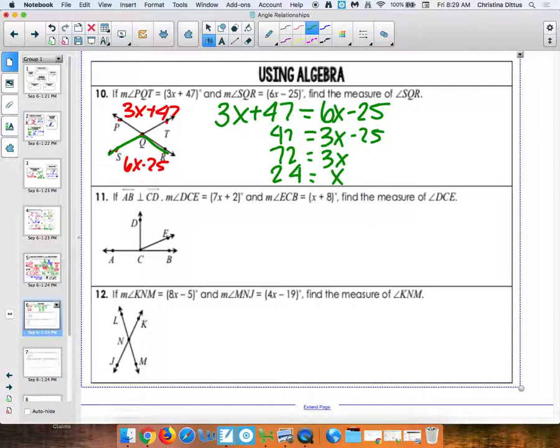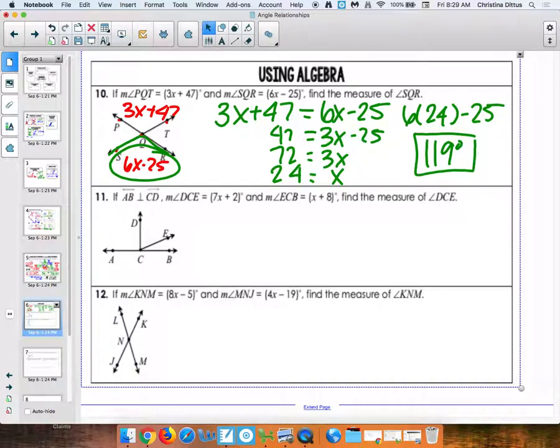Plug in where? Either expression doesn't matter, but I like to plug it into the right place sometimes. Plug it in here. 6 times 24 minus 25 is how much? 119. Good.